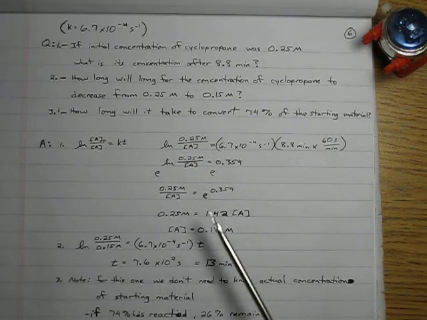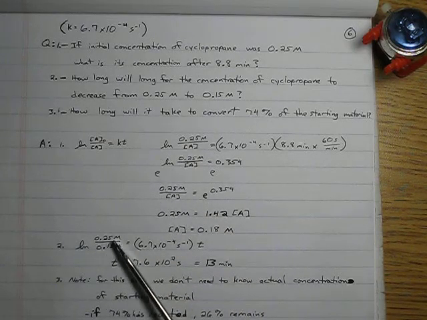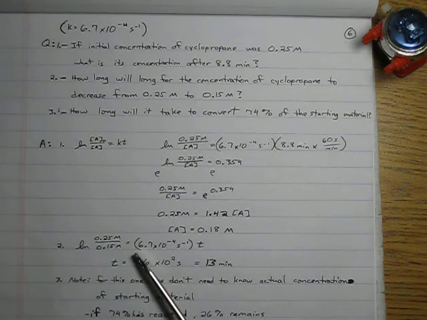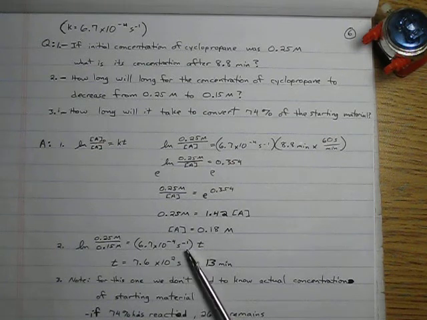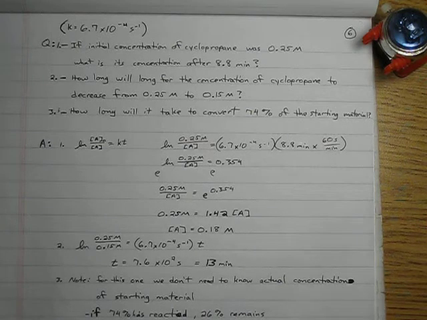So we don't even need to bother with our E to anything here. Just do the math, 0.25 divided by 0.15, take the natural log of that, divide it by 6.7 times 10 to the minus 4th, and we get the time is 7.6 times 10 to the second seconds, which is 13 minutes.